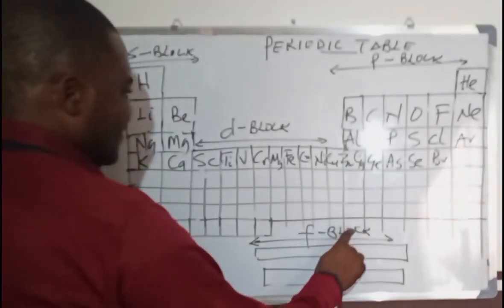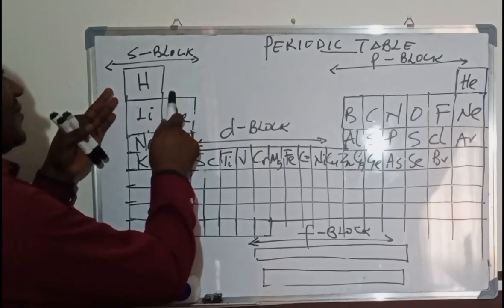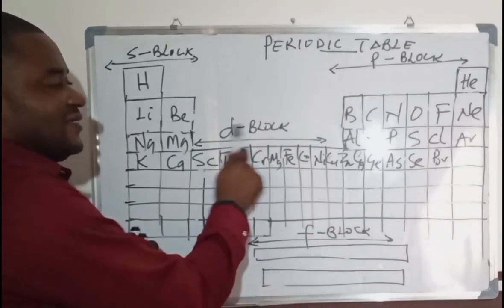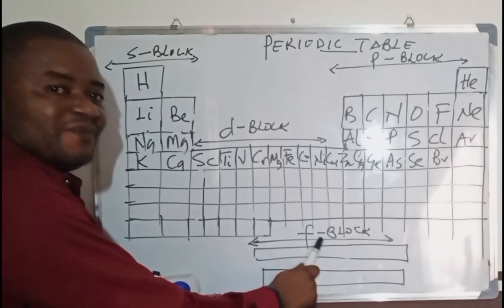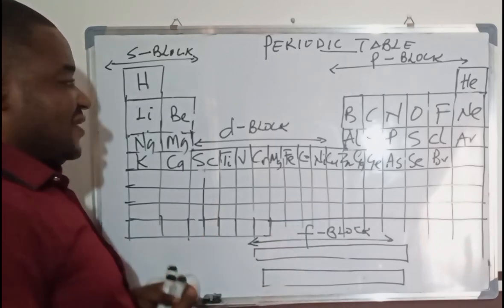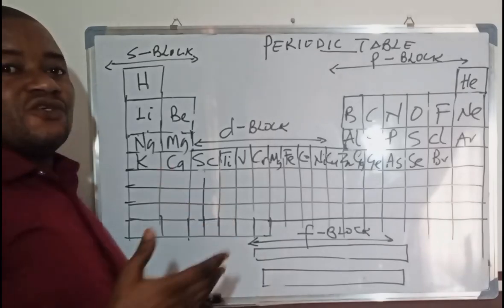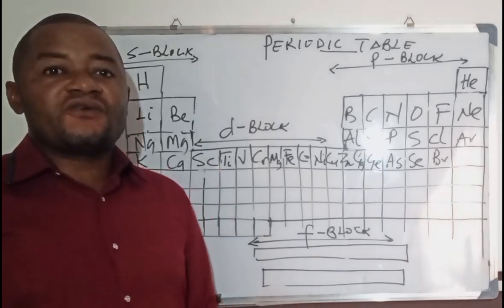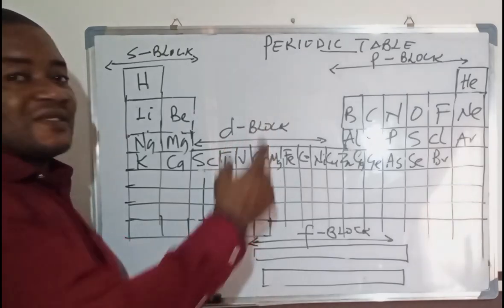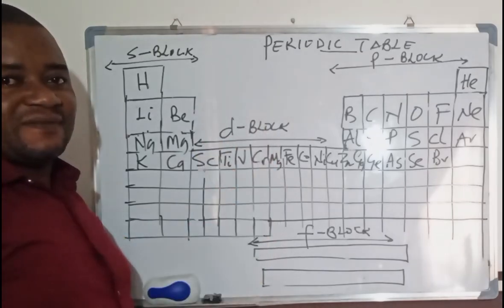So you see that we have the S block elements, the P block elements, the D block elements, and the F block elements. And with this, it is obvious that your electronic configuration of elements is derived from these various names or regions.